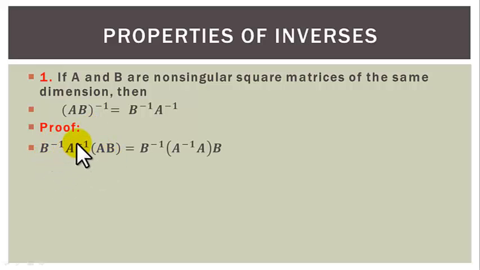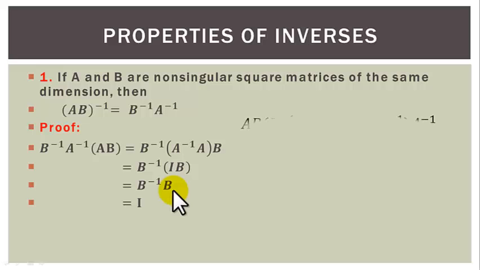B inverse times AB is equal to B inverse times A in bracket times B. That's applying the associative property of matrix multiplication. But A inverse times A is I. So this is equal to B inverse times I, then times B in bracket. But I times B is B. So this will give us B inverse times B. But B inverse times B is equal to I.